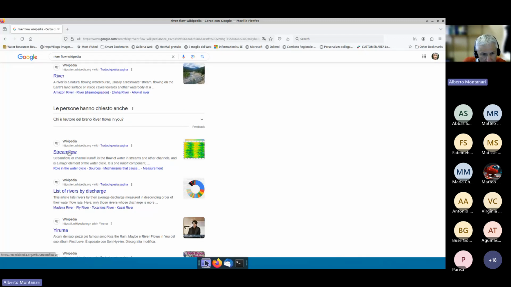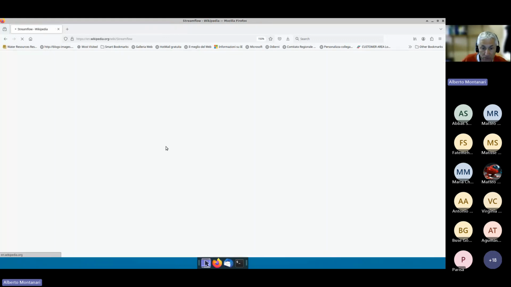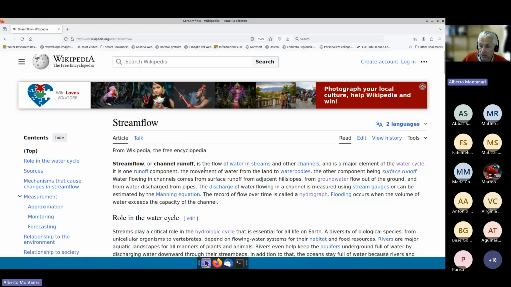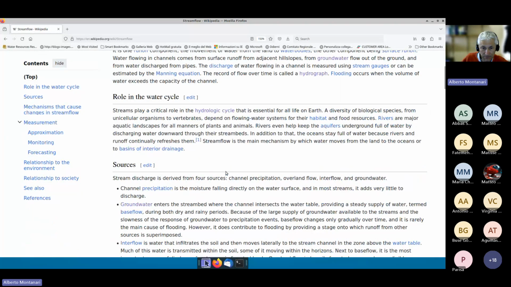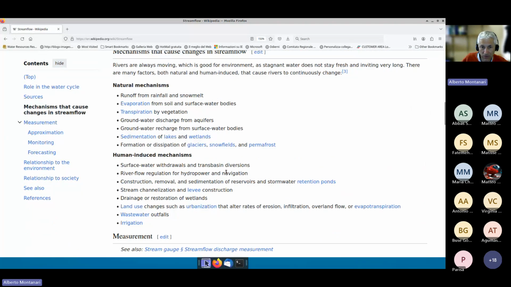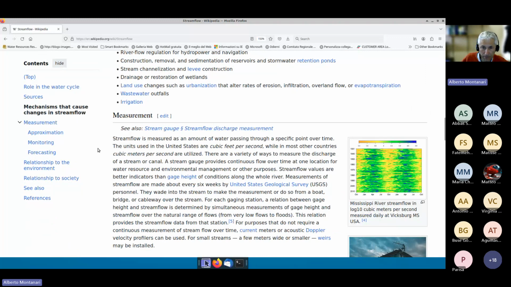Maybe this one, because river flow is a variable that may have synonyms, so it can be indicated also with the term stream flow or river discharge. Let's see stream flow if we have a definition. Okay, let's see sources. Yeah, it's not defined.